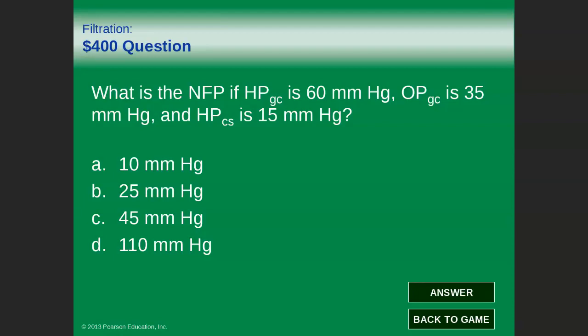Or 60 minus 50, which equals 10 millimeters of mercury. That's your answer. That's how you determine your net filtration pressure. That's right, 10 millimeters of mercury.